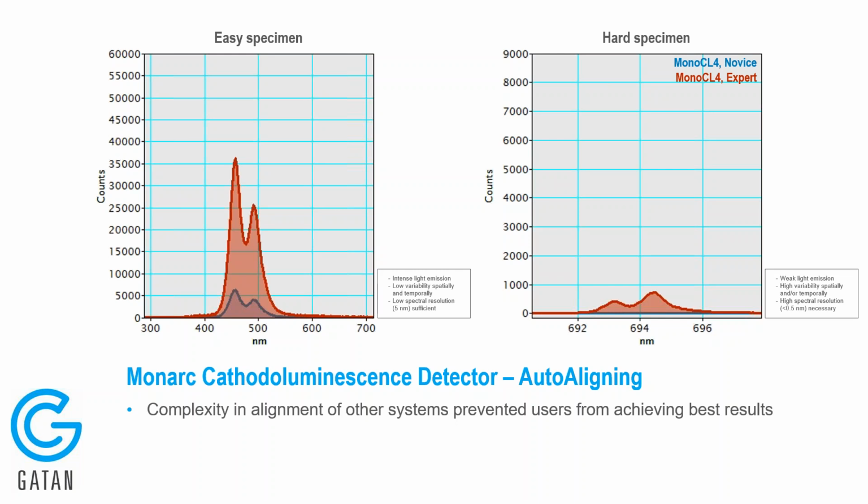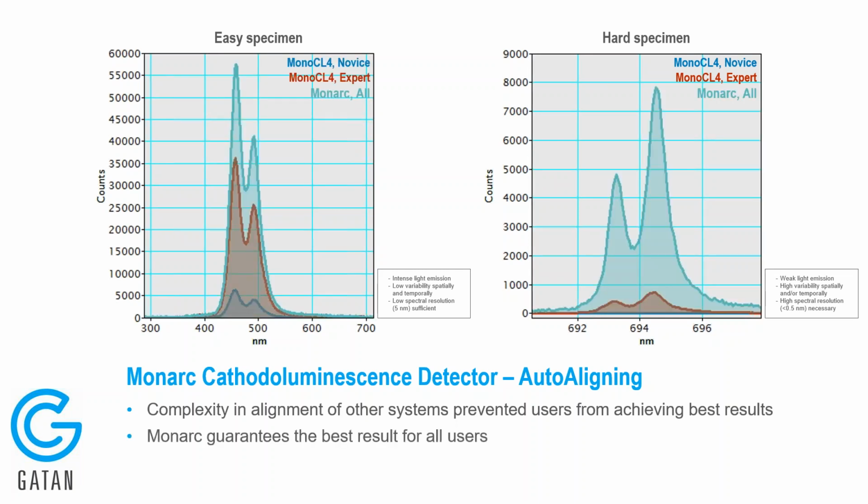Now, Gatan recently, in the last year or so, announced a new generation of CL detector called the Monarch system. And this is a problem that we were very aware of and realized needed to be addressed to make everybody who uses CL systems successful. And so we came up with a way of the system auto-aligning itself, not relying on the user to be able to do any of these operations.